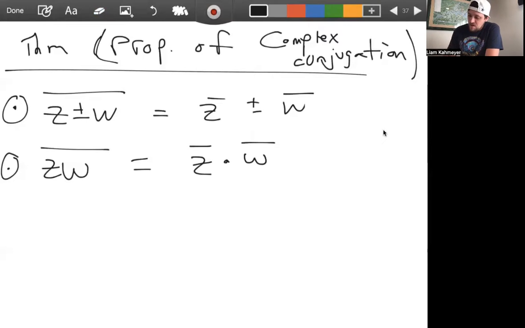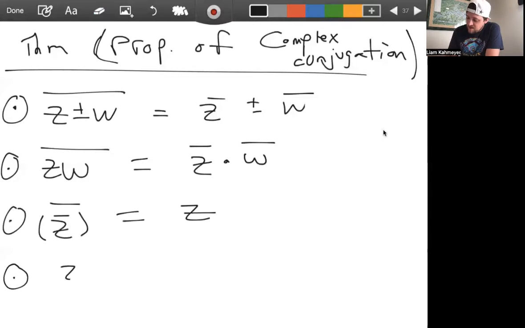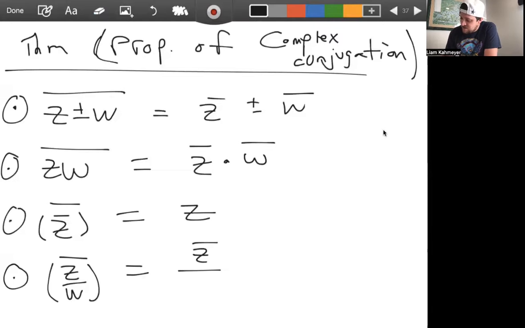So these first two lines are saying the sum of the conjugates is the conjugate of the sum, and the second line says the conjugate of the product is the product of the conjugates. We have one that we've kind of spoiled already, is that if you take the conjugate of a conjugate, you get the complex number back. We also have that if you take the conjugate of a fraction, that's the fraction of the conjugates.